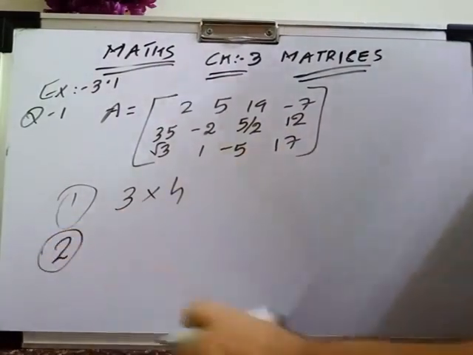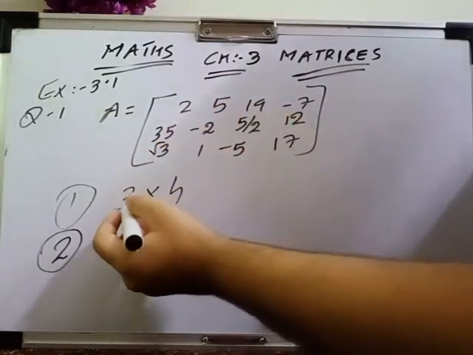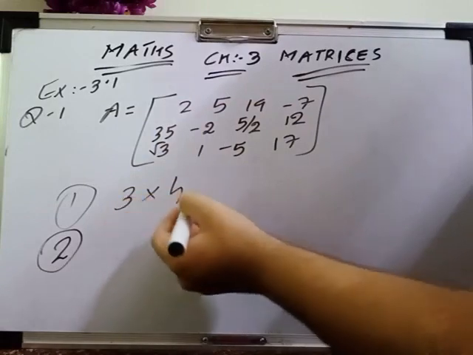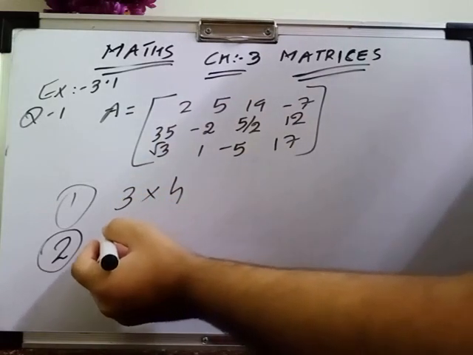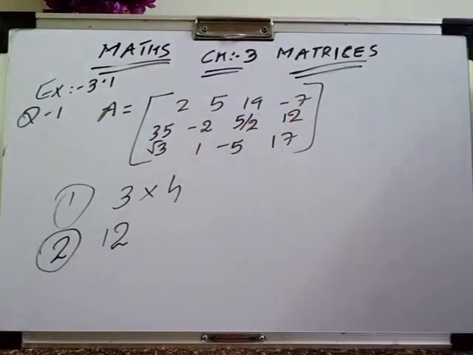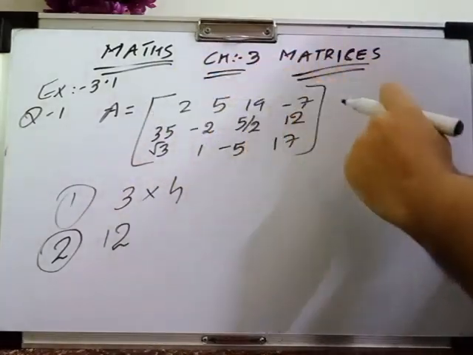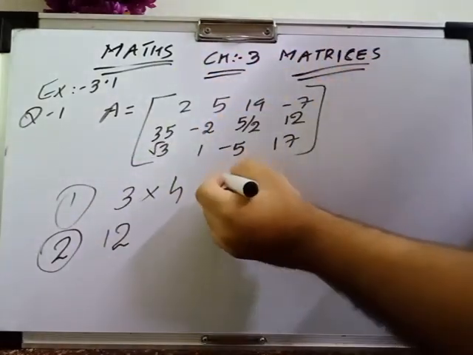Next we are asked to find the number of elements in this matrix. So you can just write the product of this order, that is 3 fours are 12. If you count it, then also you will have 12 elements inside that matrix. 1 2 3 4 5 6 7 8 9 10 11 12, right?